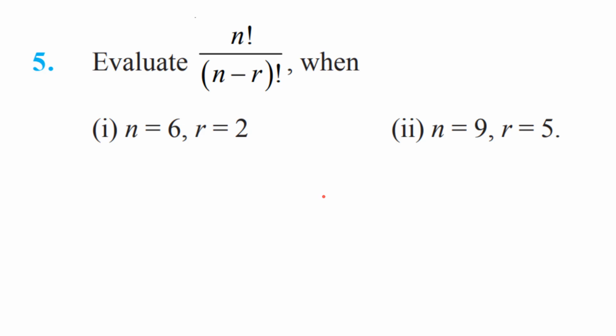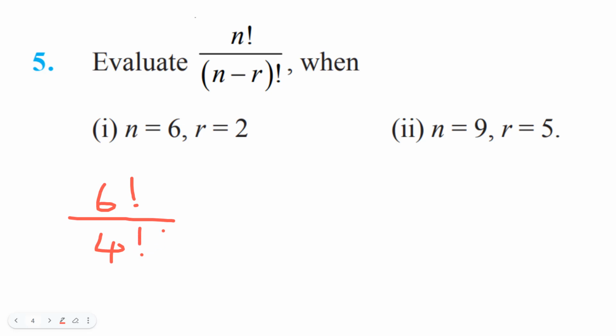Let's look into this question. Evaluate n factorial divided by n minus r factorial, when n equal to 6. So let's substitute: 6 factorial divided by n minus r, 6 minus 2, that's 4, divided by 4 factorial.